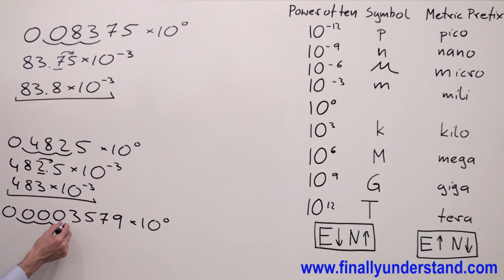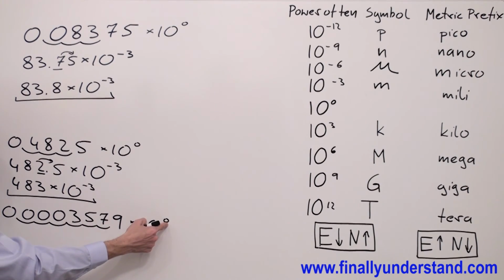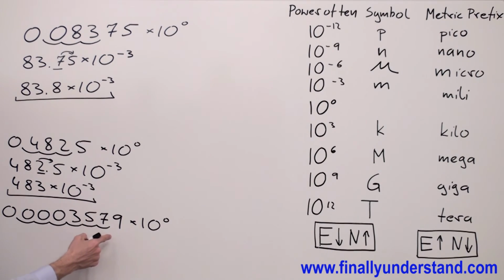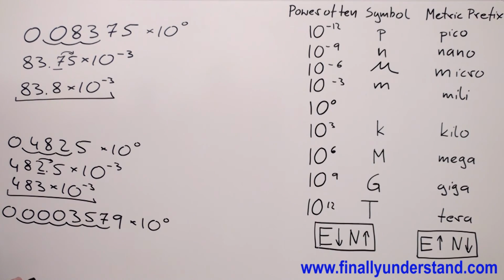That's why I have to move decimal point another 3 places. Why? Because the exponent, right, which is going to be affected by these movements, has to be multiple of 3. And 6 is the multiple of 3. That's why I'm going to have 357.9 times 10 to negative 6.